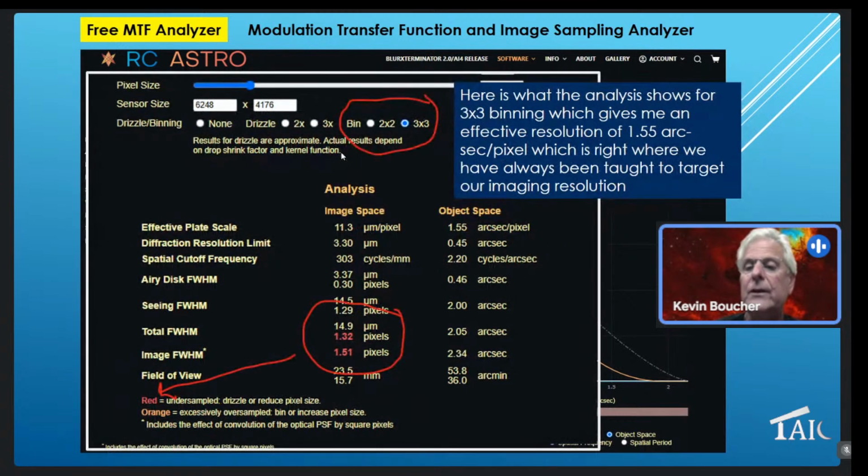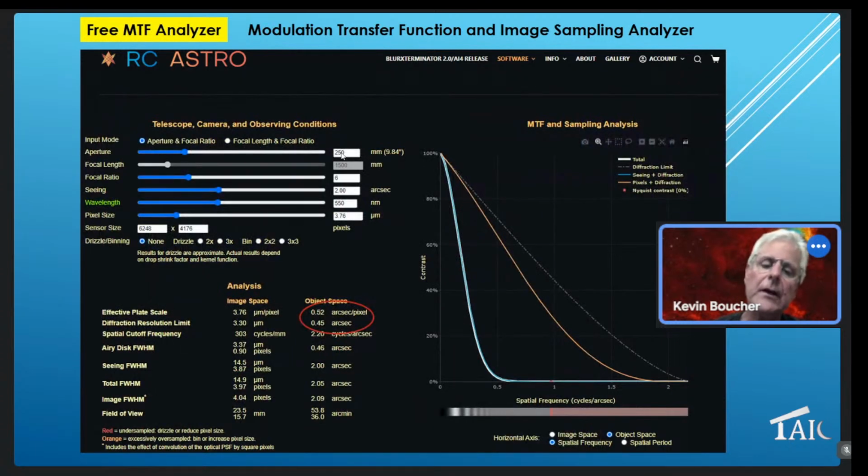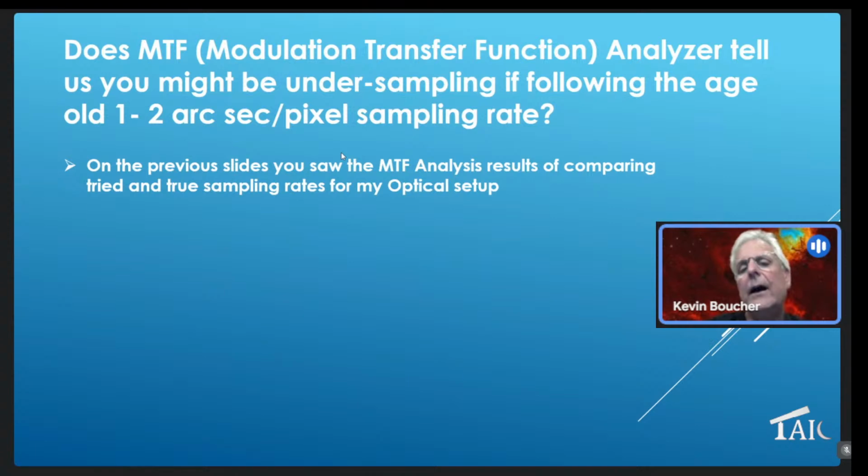And needless to say, if I did 3x3, which gives us dead center of the recommended range of 1.55 arc seconds a pixel, I'm even more undersampling as far as Russ's function was telling me. So for the heck of it, what I did is I tried sticking with basically no binning whatsoever to see what I would get, combined with using Blur Exterminator, which is what we're going to talk about next.